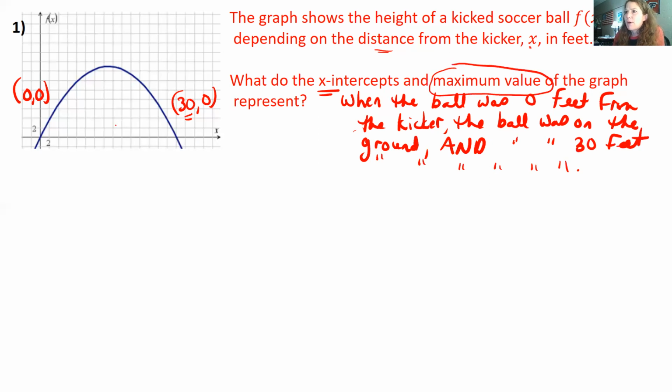Well, this is a happy parabola. So it looks like this would be the axis of symmetry about right there. So what does that mean? So 2, 4, 6, 8, 10, 12, 14, 16. So when x is 15, we're at 15 feet.